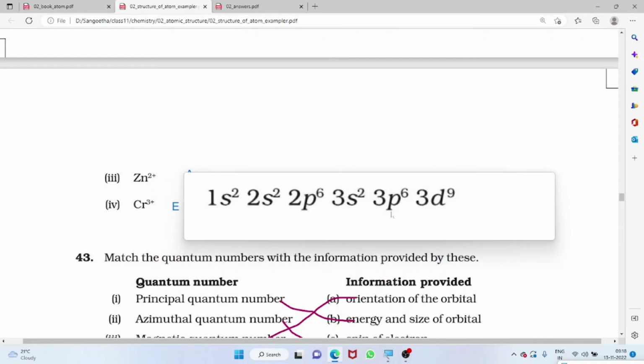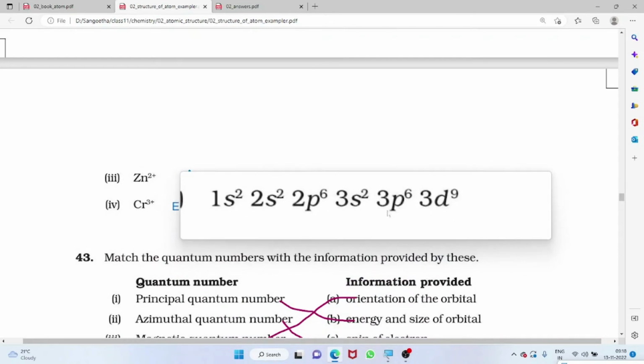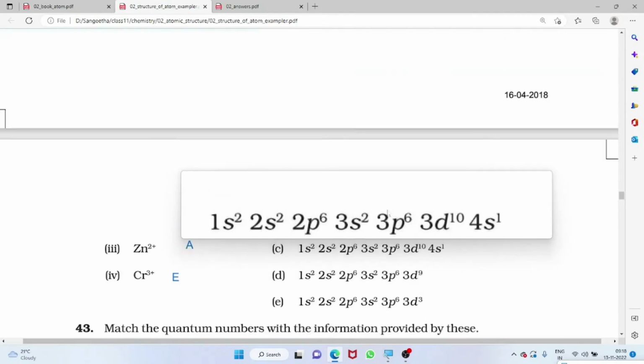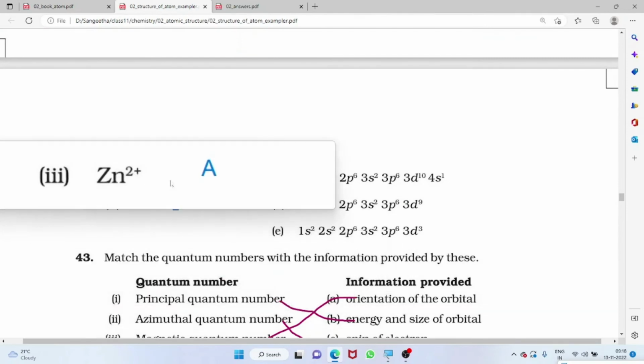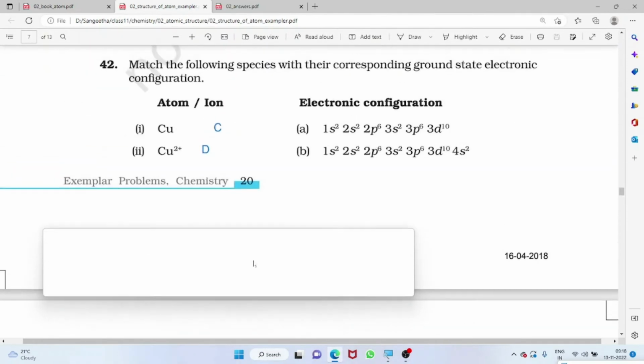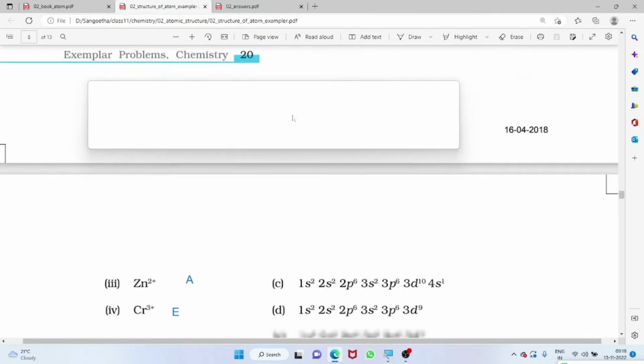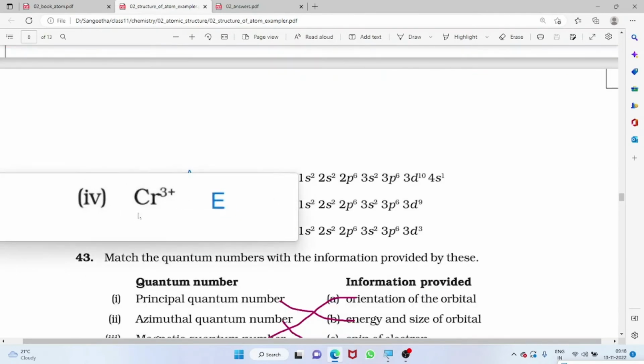This is T. It loses 2 electrons. Zinc, A, chromium, E.